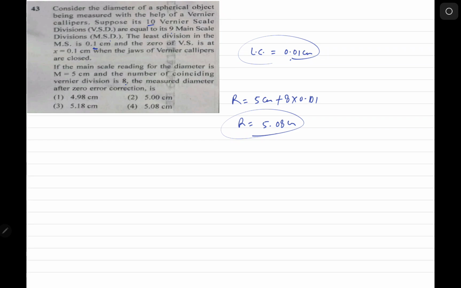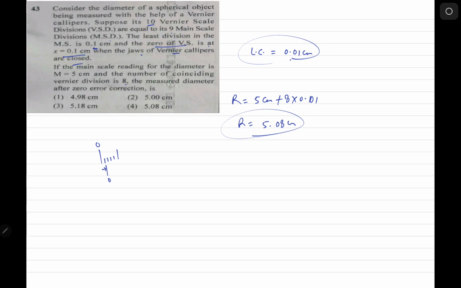But if you see the line, the zero of the vernier scale is at h equal to 0.1 centimeter when the jaws of the vernier calipers are closed. This means if it is 0, 1, 2, 3, 4, 5 on the main scale, the vernier scale 0 is here. So it has a positive zero error, where the zero of the vernier scale is to the right of the zero of the main scale. And how much is it?